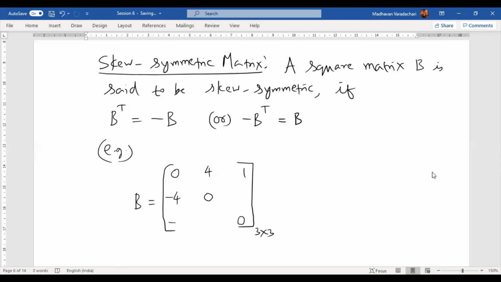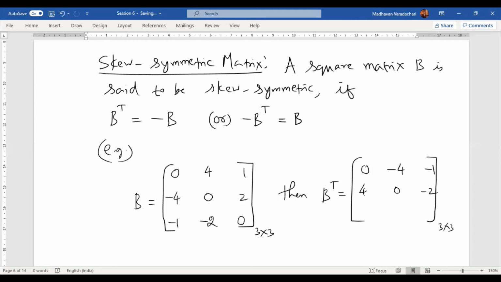If I write 1, here I will write minus 1. If I write 2, here I will write minus 2. Then, what will be B transpose? That will also be 3 by 3. But column elements will become now row elements. Means here I will write 0, minus 4, minus 1. Here second column will become now second row. So 4, 0, minus 2. Third column will become now third row, 1, 2, 0.